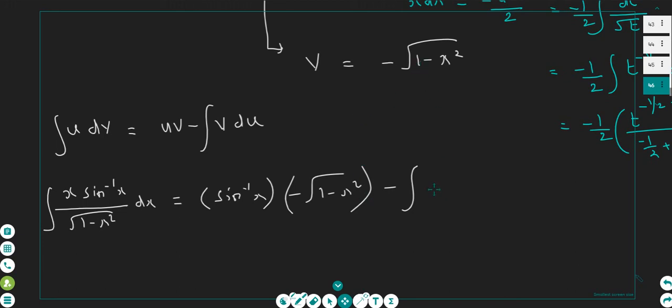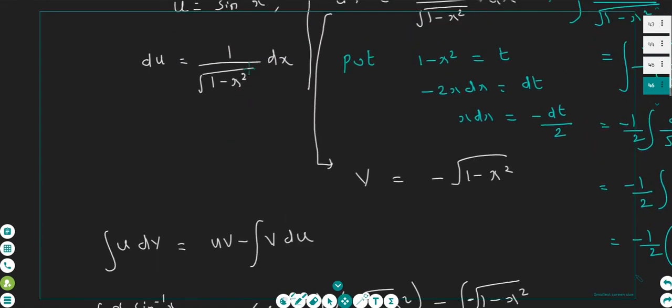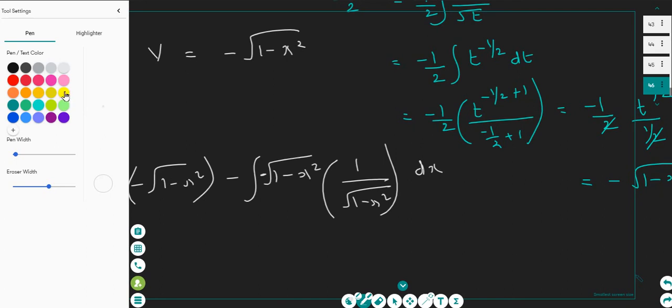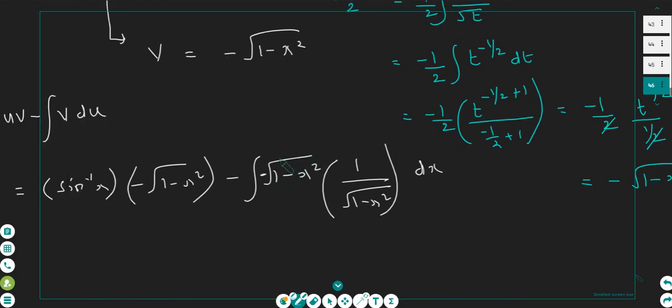Our v is root of 1 minus x squared with a minus, don't forget that, and du is 1 by root of 1 minus x squared dx. Now you can clearly see that we can cancel these two terms.